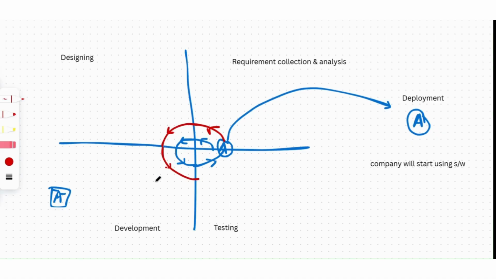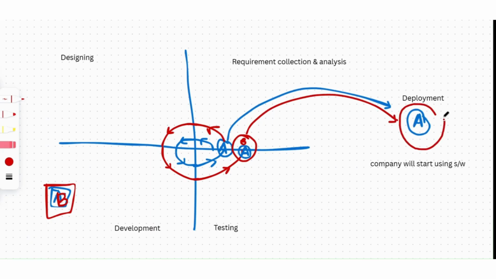At the time of development, the developers copy the code of module A and add the code of module B to it, and now the software is ready, consisting of the code of module A and module B. After the development, the testing of the software which consists of module A and module B is done. Then the updated software is deployed to the customer. Now the software consists of module A as well as module B, and the customer will start using the software.